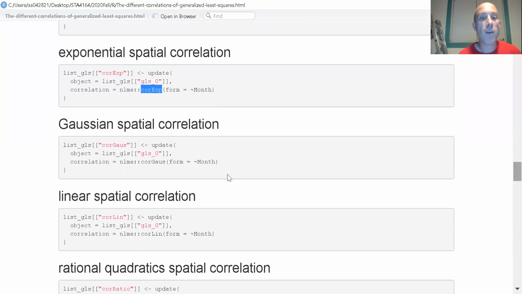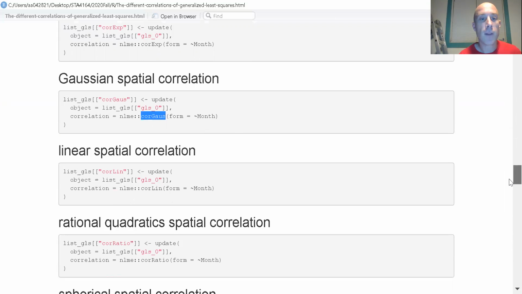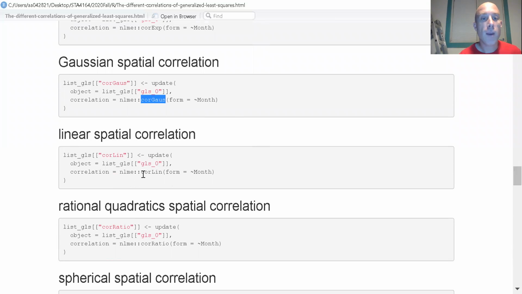Now we have Gaussian spatial correlation, so corGaus. Linear spatial correlation, it's corLin. Now I'm doing these in order of the name of the correlation function. That's the order that I chose them in. This is not related to the structure at all.